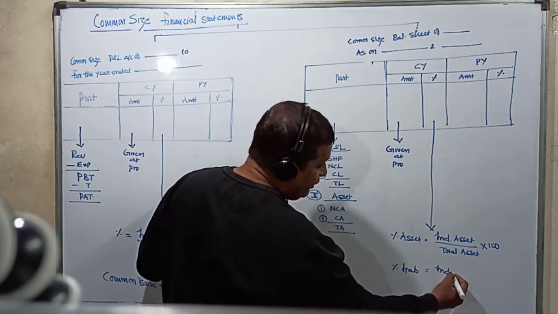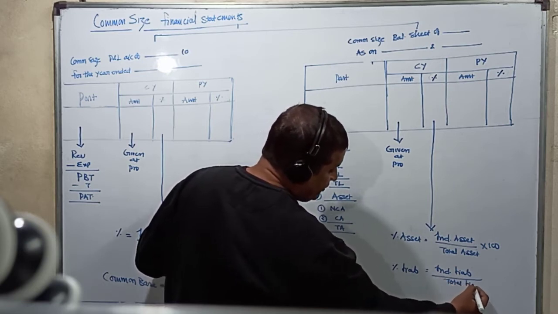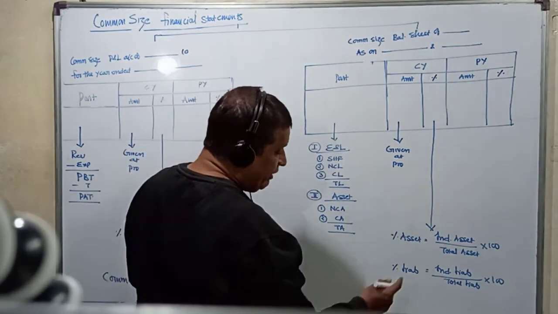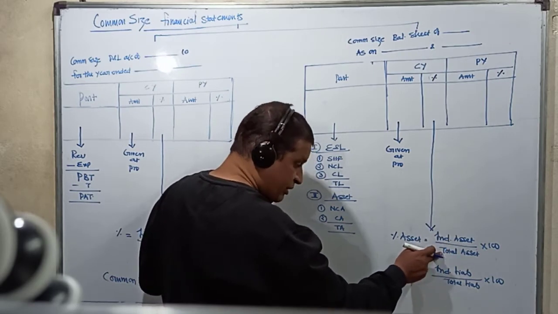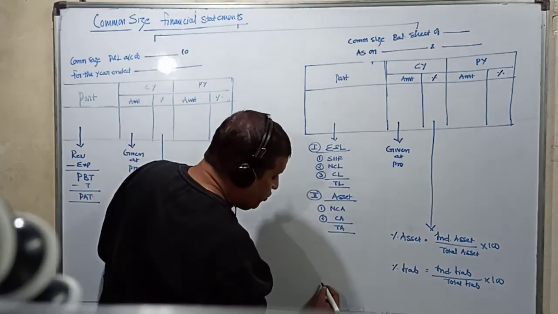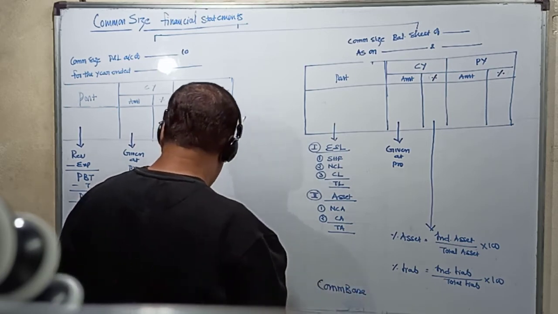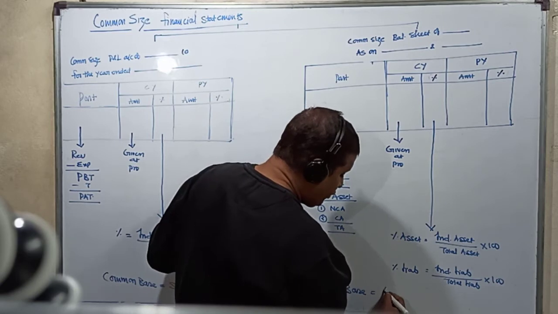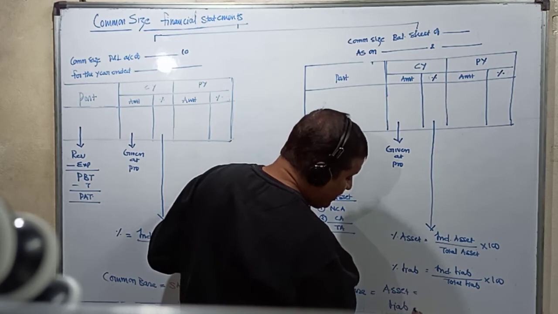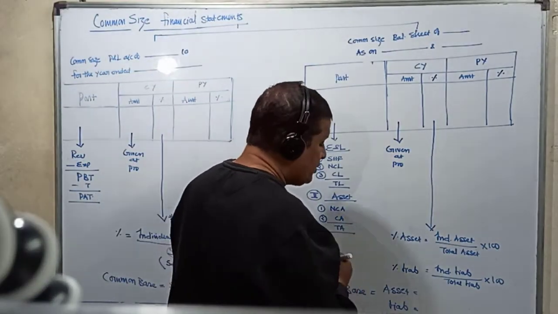Same: individual liability divided by total liabilities into 100 will give the percentage column. So every asset is divided by total assets, every liability is divided by total liabilities. So what is the common base here? For all assets, the common base is total assets, and for all liabilities, the common base is total liabilities.